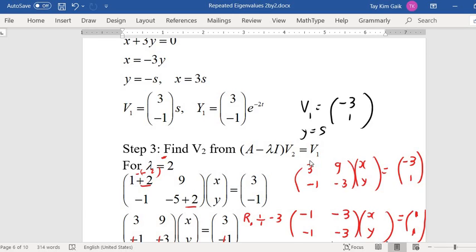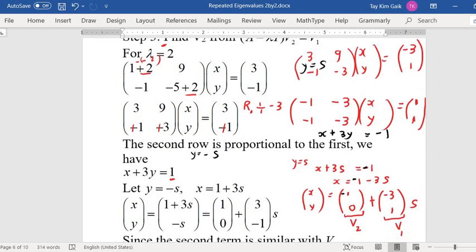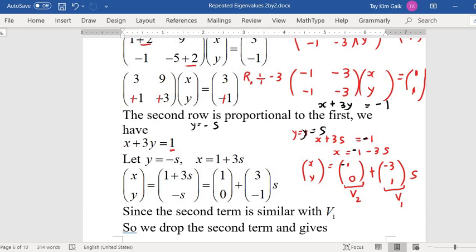The red color is the version y equal to s. So for y equal to negative s, your v2 is 1, 0, but for y equal to s, your v2 is negative 1 and 0. Your v1 also has different signs.